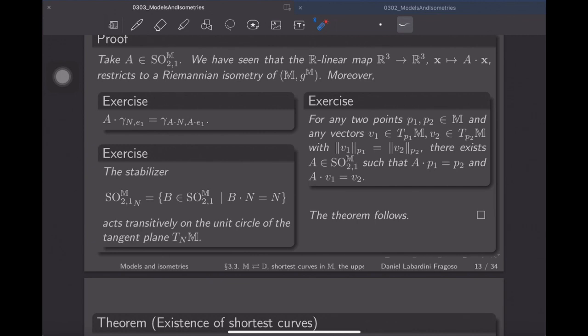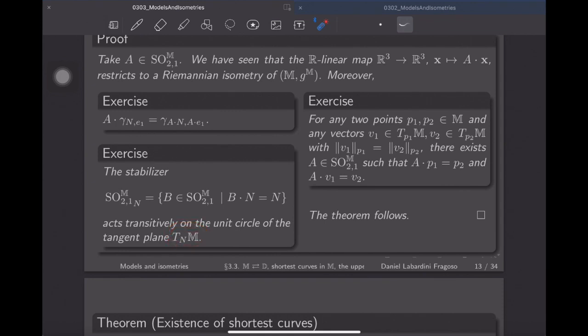And my point is, it acts transitively on the unit circle in this tangent plane. Okay, so this is a tangent plane. I have an inner product on this tangent plane, which is Minkowski's inner product. So in that plane, I have the right to speak of a circle in that plane. Okay, so I speak about the unit circle there.